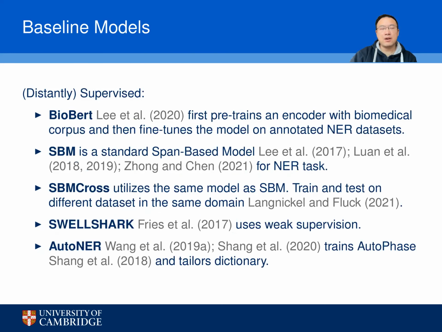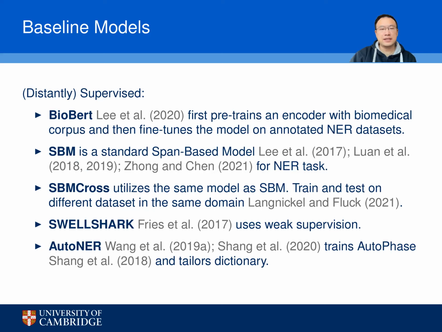We compare our model with many distantly supervised models and supervised models. The first one is BioBERT. It first pre-trains an encoder with a biomedical corpus and fine-tunes the model on an annotated NER dataset.